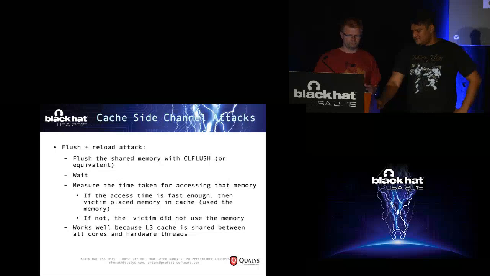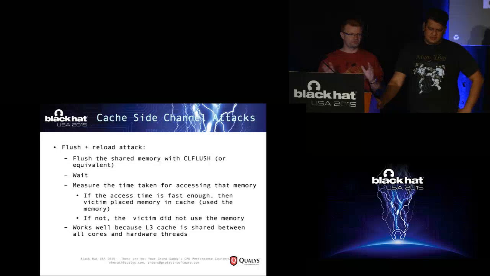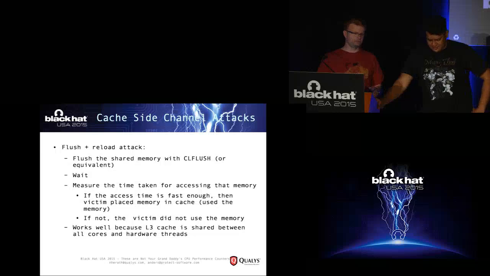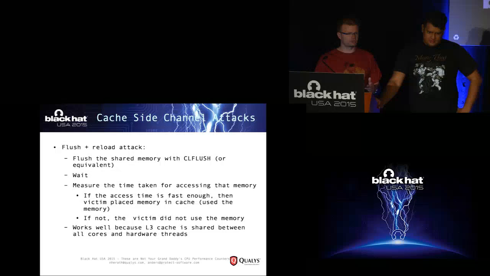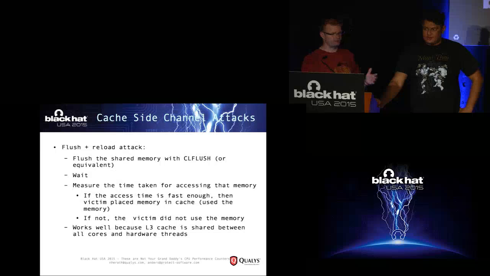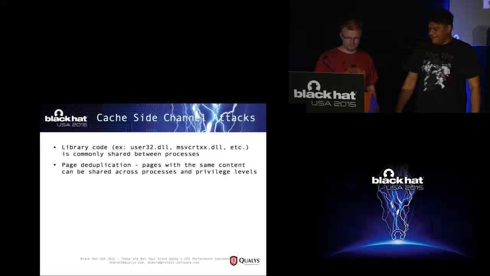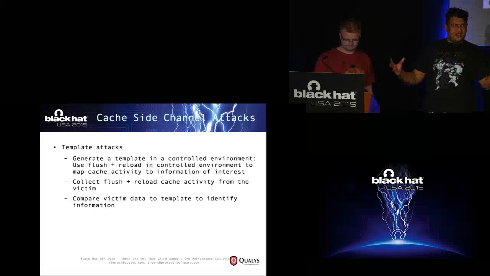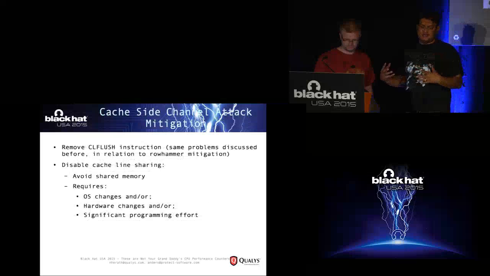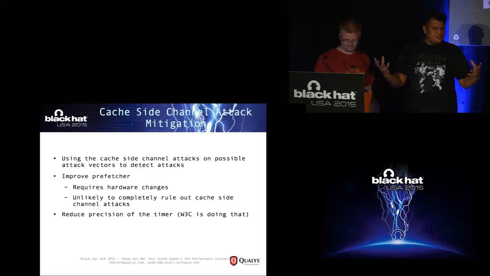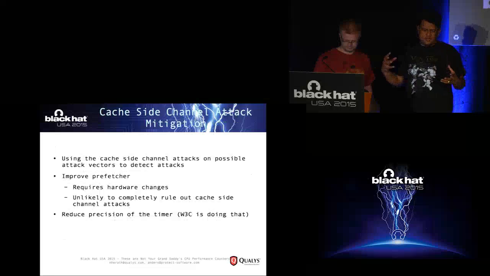Basically, the flush and reload attack is: you flush a memory address, wait a second, and then try to read it. If the read is fast, somebody else used this memory, and if the read is slow, nobody used it. So you get information about other processes and other privilege levels outside of the sandbox, outside of the VM sometimes maybe. That's the kind of information you can gather by cache side channel attacks, and using PMCs, you can address them to some degree as well.